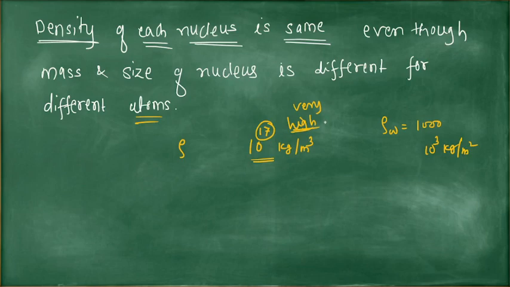So density of nucleus is highest, 10 raised to 17, while we know the density of water is 10 raised to 3 kilogram per meter cube. So density of nucleus is the same for all nuclei. For all nuclei, rho is the same. This is the interesting part.